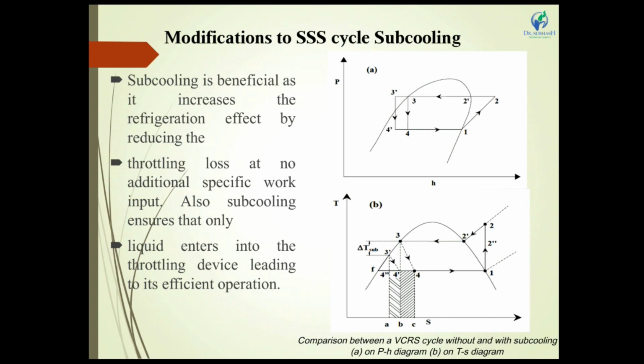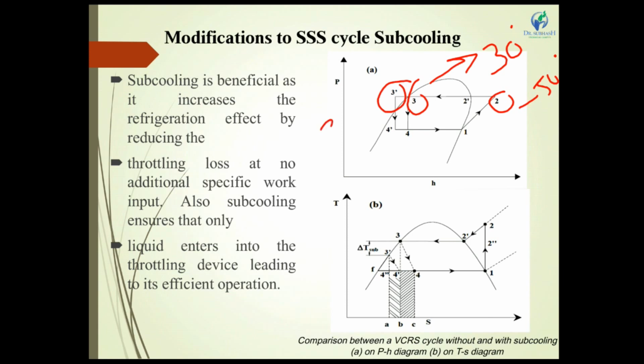The regular condenser output is from point 2 to 3. If we consider point 3, the temperature is 30 centigrade and at point 2, the temperature is 50 centigrade. The temperature drop between the condenser input and output is 20 centigrade. If we give an extended surface for heat removal, this gives point 3 to 3 dash.